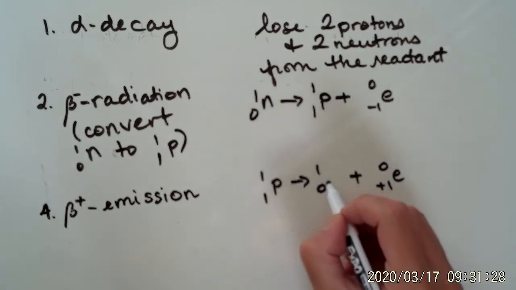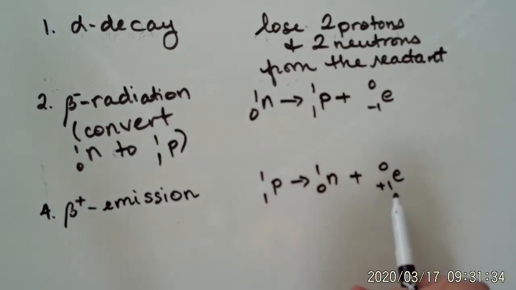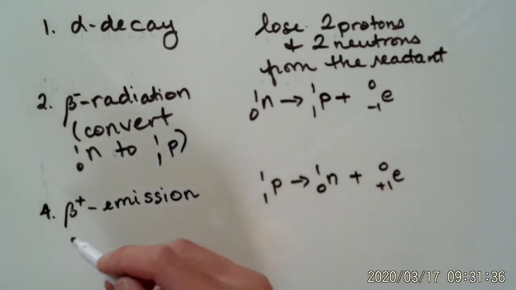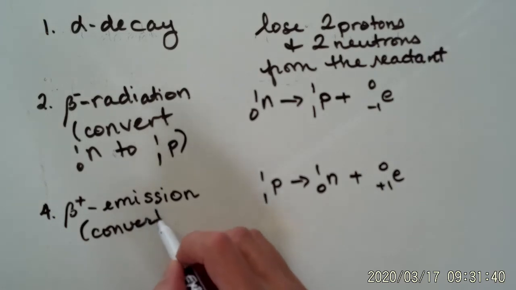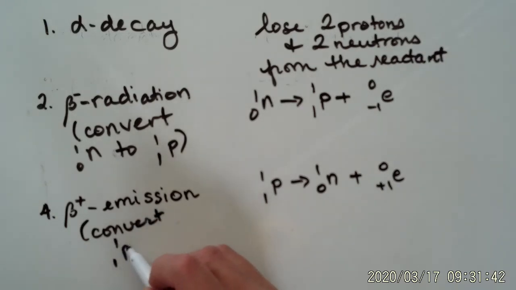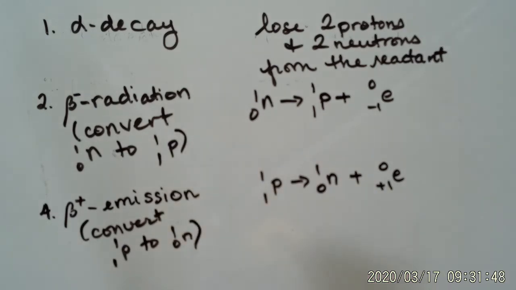This has to be a 1. Oh, that's a neutron. So if I take a proton and do positron emission, I form neutrons. So this is a way to convert protons to neutrons.